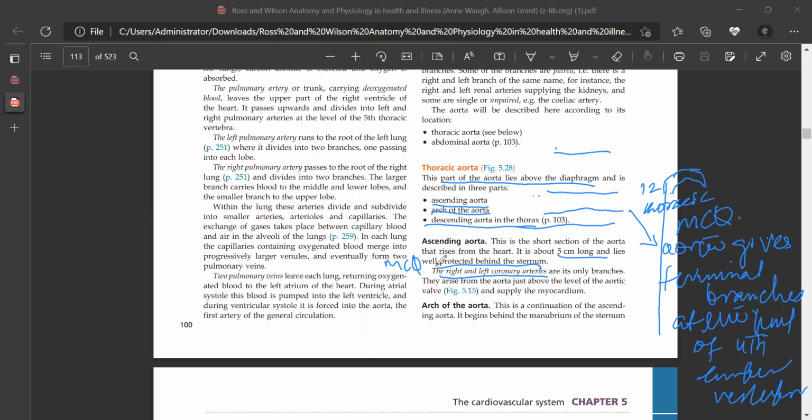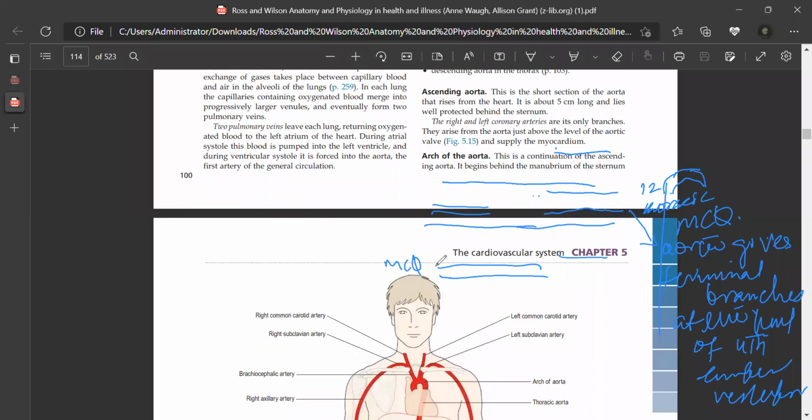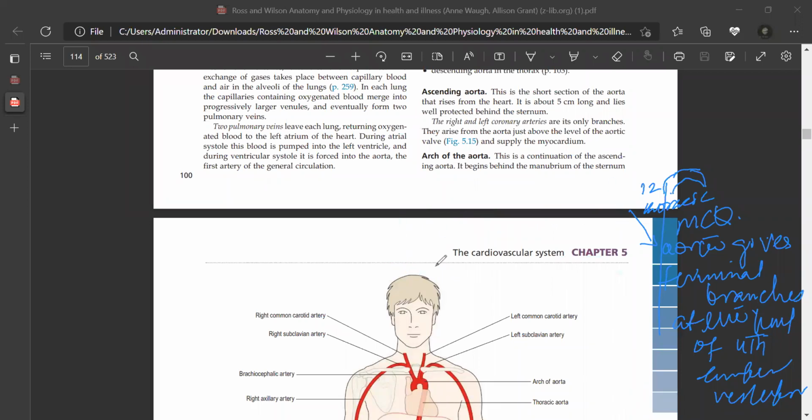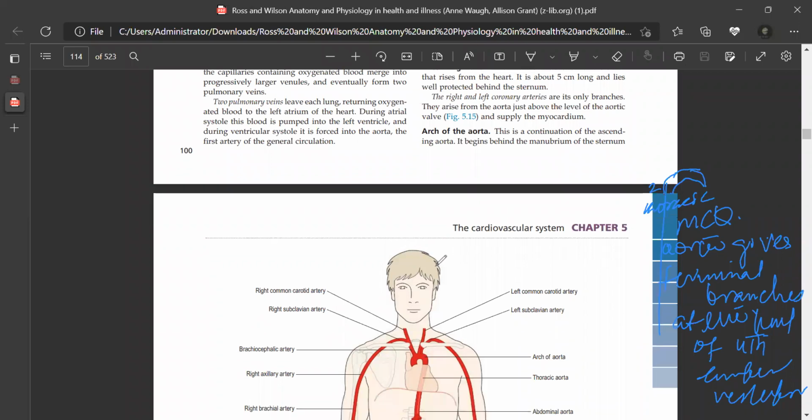So the arch of aorta is the continuation of the ascending aorta.